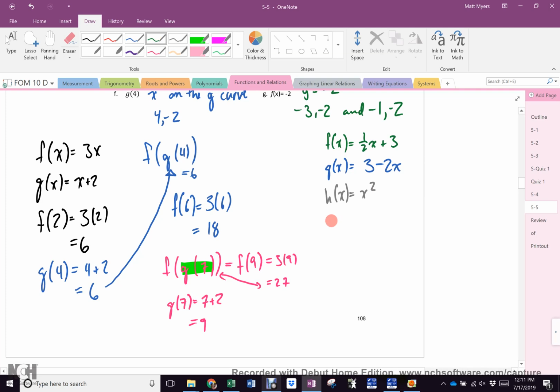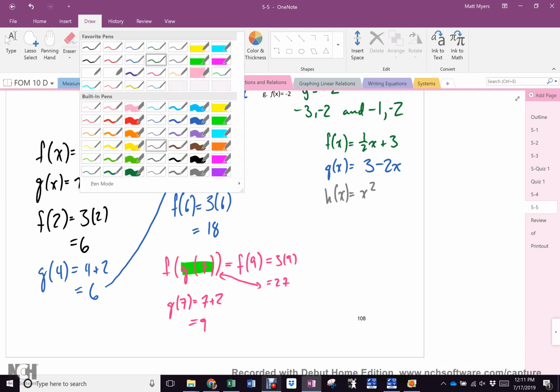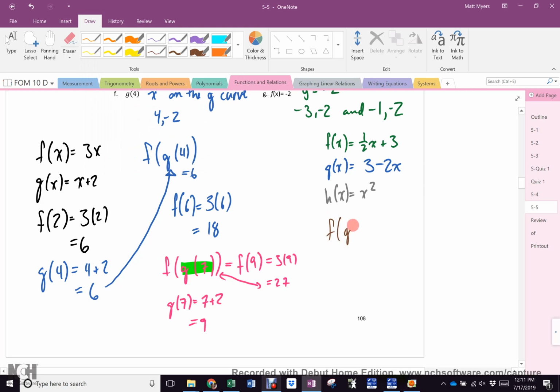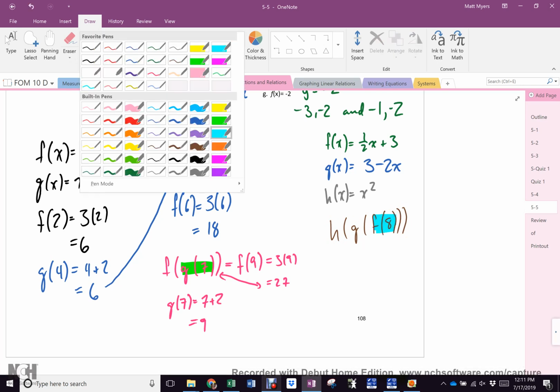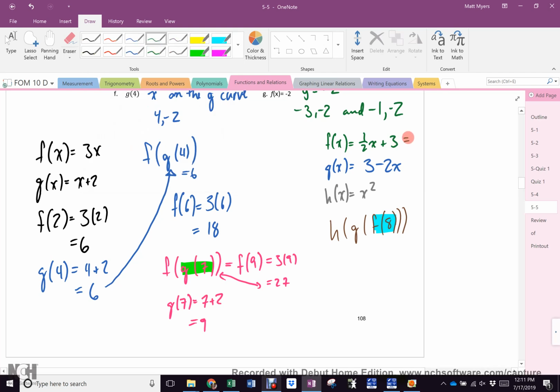I want the f of the g. Oh, wait, I did that the other way around. I want the h of the g of the f of 8. Where do you start? You start in the middle at f of 8. So the f of 8 is, that becomes 8, that becomes 8, so the f of 8 is 7. So now this is 7.